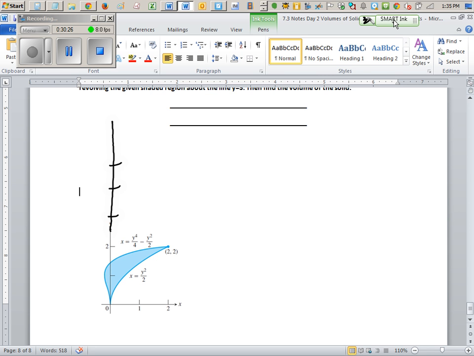3, 4, 5, 6. We have a point there, and a point here, or here. We're rotating around this line. I don't even claim to be an artist.